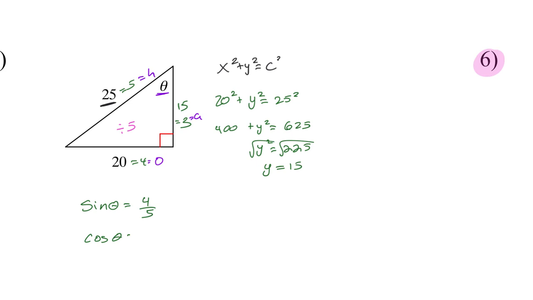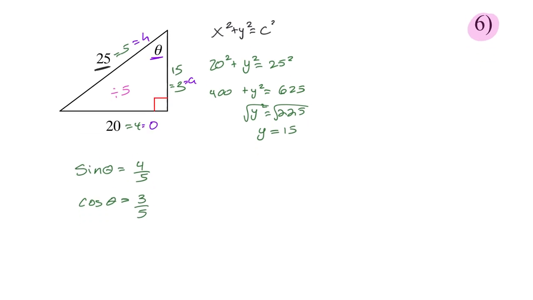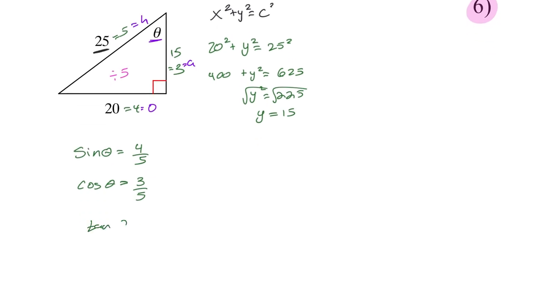Cosine of theta is adjacent over hypotenuse, so I got 3 over 5. Then tangent of theta equals 4 over 3. And then again, cosecant of theta is the reciprocal of sine. Secant of theta is the reciprocal of cosine. And then the cotangent of theta is the reciprocal of tangent.